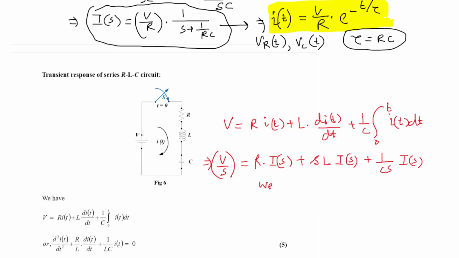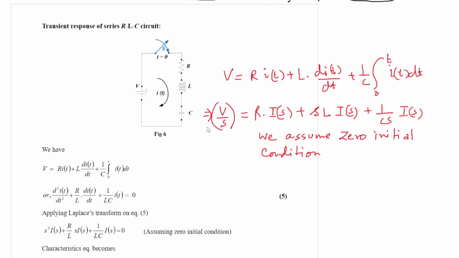We assume zero initial condition for simplicity. That means the current flowing through the inductor is 0 and the voltage across the capacitor is also 0.